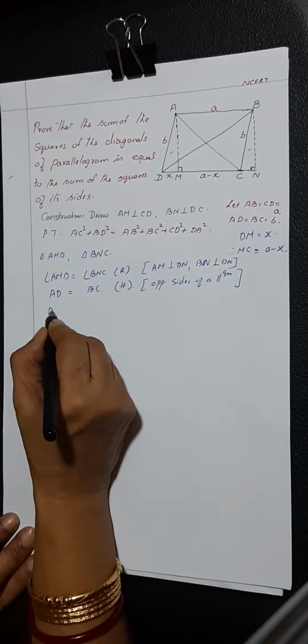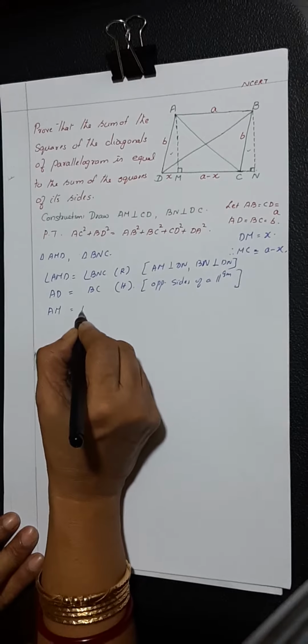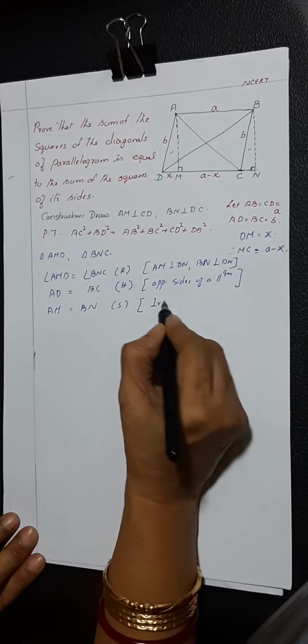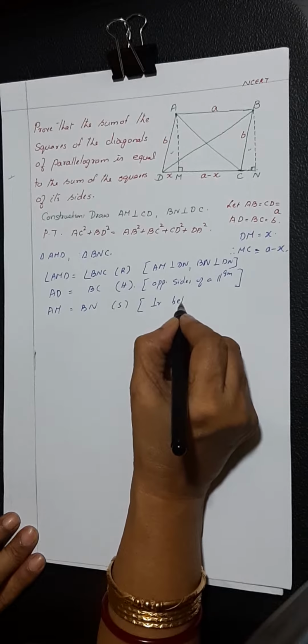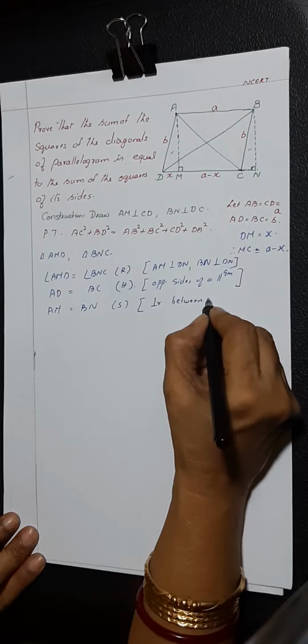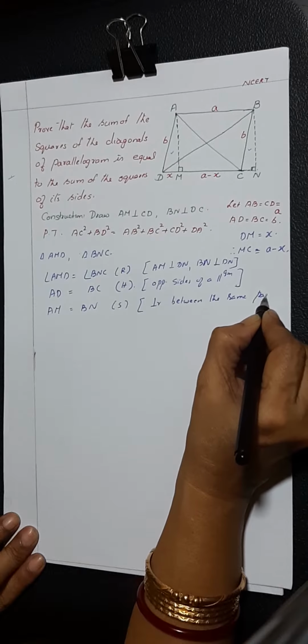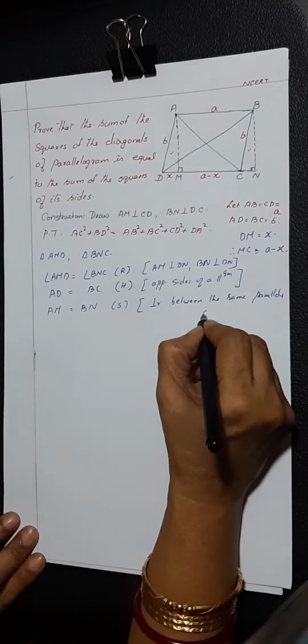Then AD is equal to BC, the hypotenuse; the reason is opposite sides of a parallelogram. Then we have AM is equal to BN, the reason being perpendiculars between the same parallels are equal.